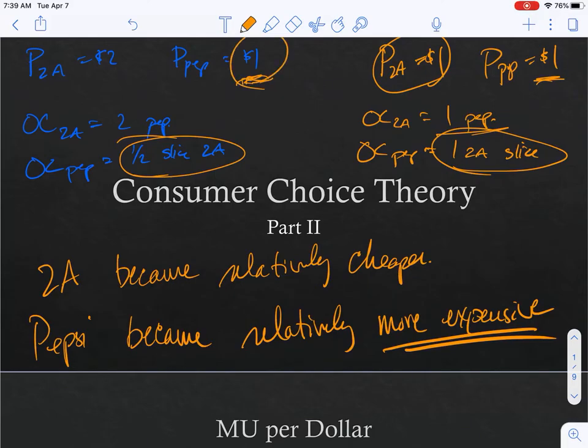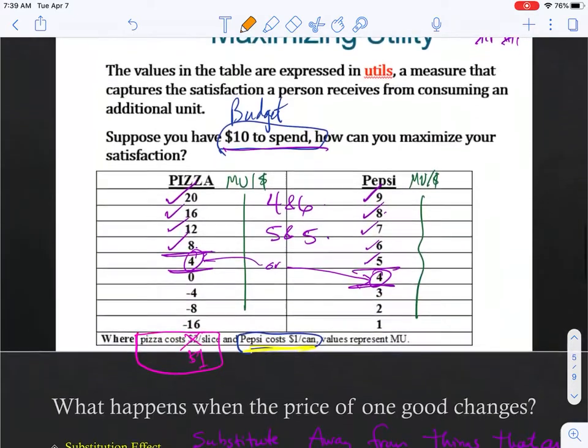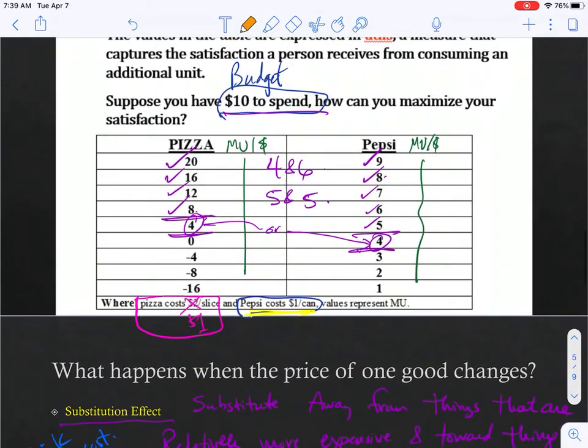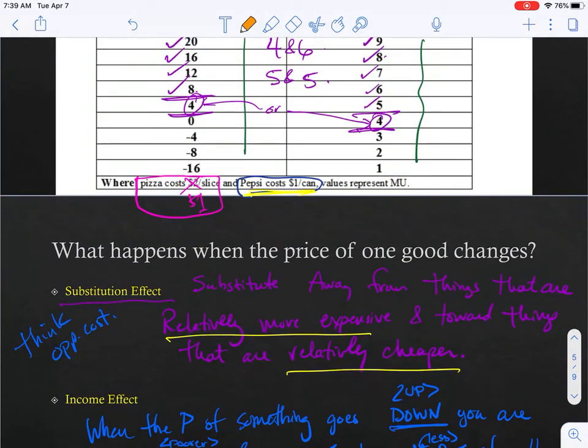Even though the absolute price stayed the same at $1, here it was $1, here it's $1, in relative terms it became more expensive because the opportunity cost went up. So you've got both of those going on. When the price of pizza changes, it changes the ratio, the opportunity cost, in terms of trade-offs for both pizza and Pepsi.